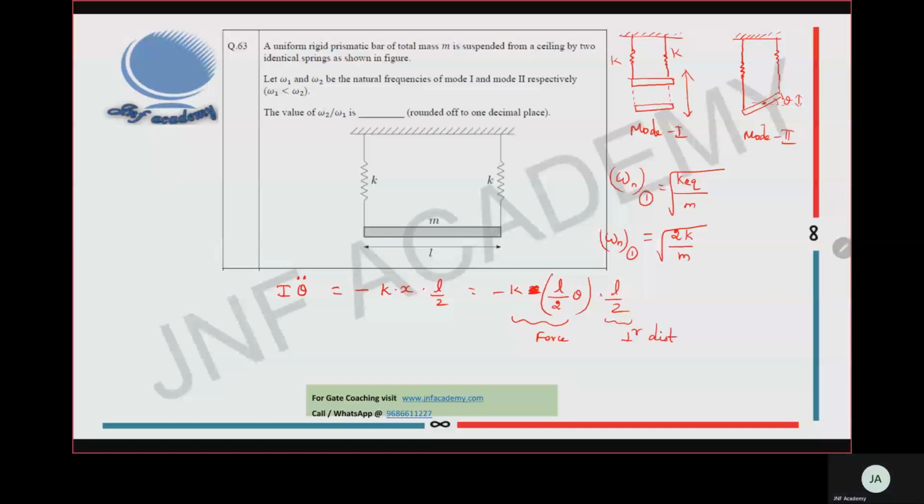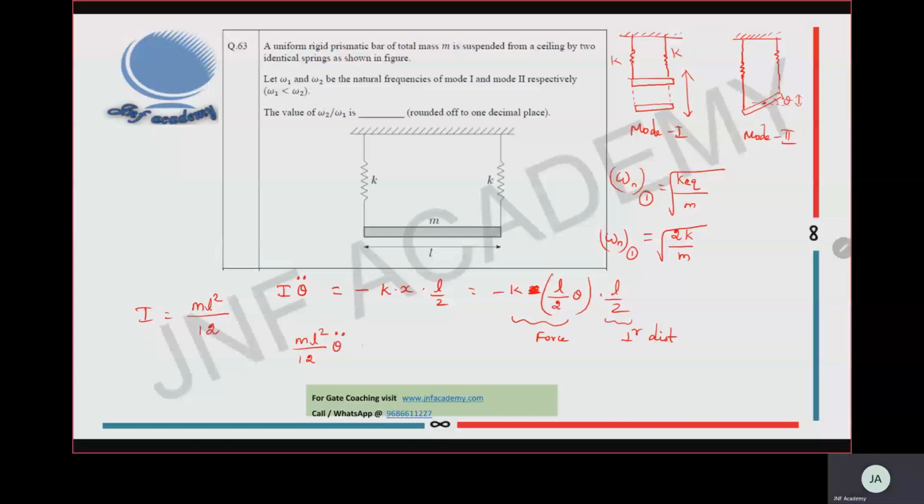For this rigid prismatic bar rotating about the center point, the moment of inertia formula is ml square by 12. So ml square by 12 theta double dot.